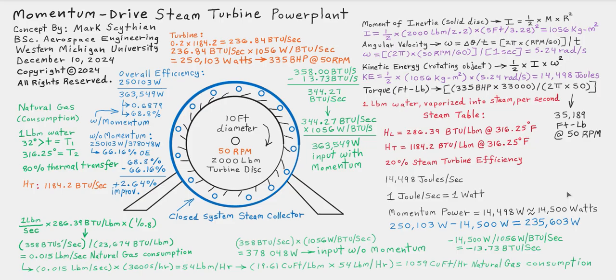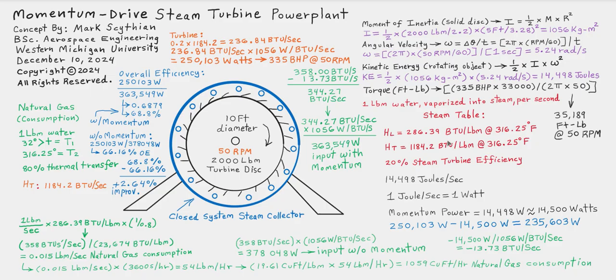This is all very relative to do these, but we have to be mindful that we're not actually adding power from the momentum, but we're alleviating how much input power actually has to go in, and that's by 14,500. So that will then save us approximately 2.64%.